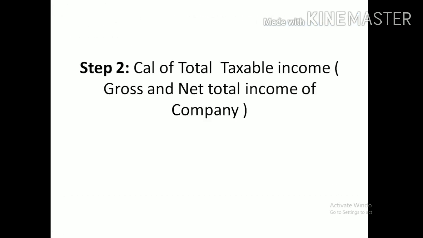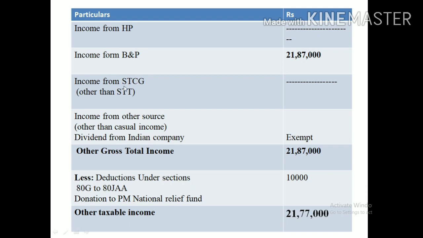Then income from short-term capital gain other than STT, there is no income in this problem. The next one, income from other sources other than casual income: dividend from Indian company, but it is exempt up to 10 lakh. The next we will get other gross total income, that is 21 lakh 87,000.